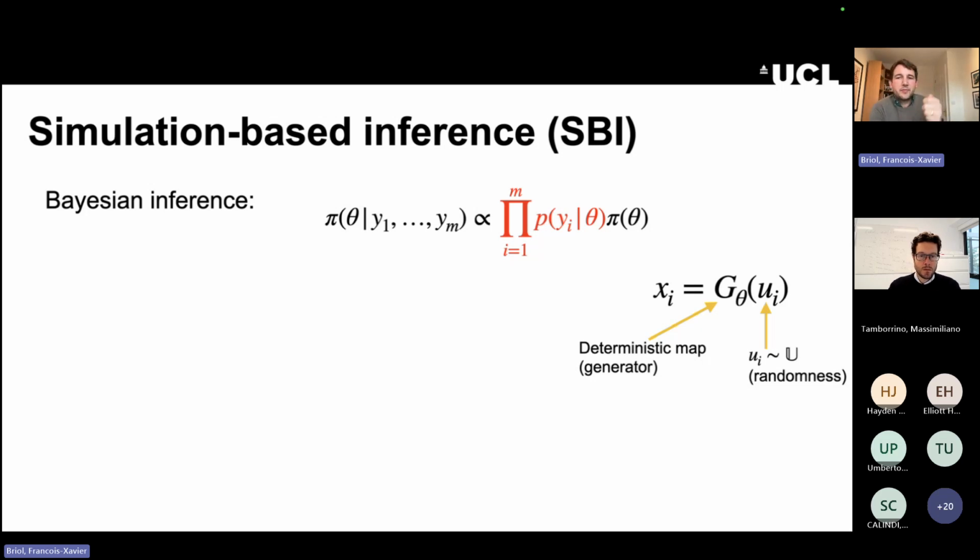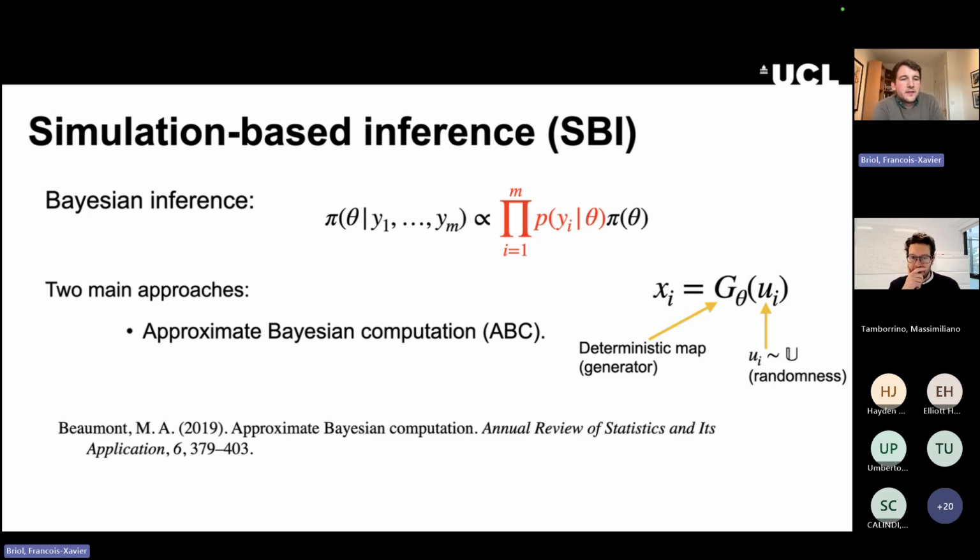So basically, if I pick a value of theta, i.e. a value for the parameter of my model, I can ask my simulator to generate new synthetic data by just simulating from U and applying this map G theta. And so the idea in simulation-based inference is that we're going to bypass evaluations of this likelihood using simulations from our simulator. So we have control on the simulator.